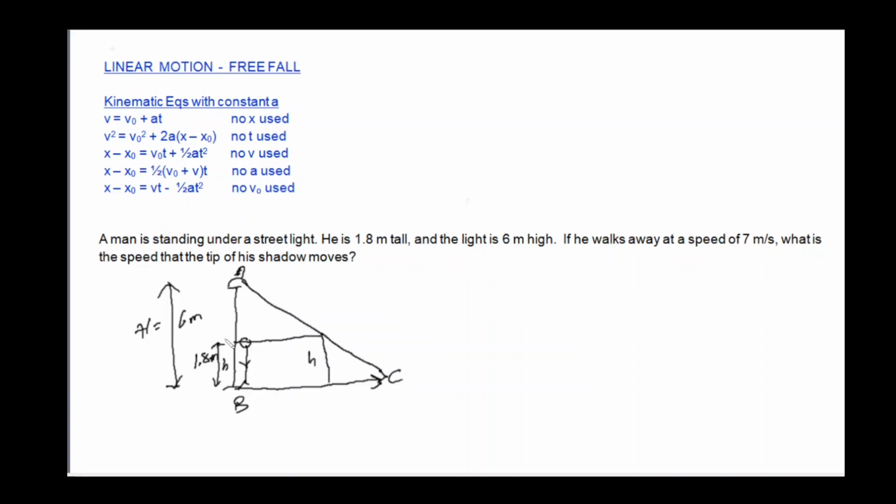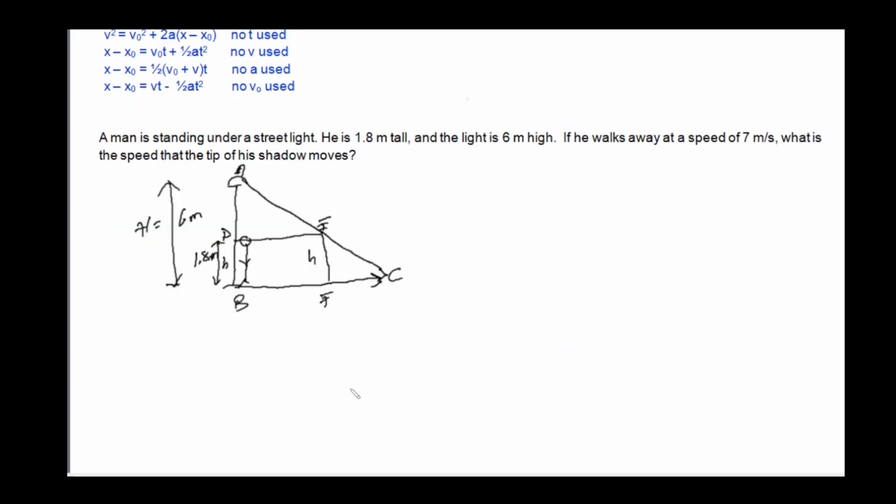And we can label these points D, E, and F. Now, as the man walks, he's walking from here to here, and we'll call that the position of the man. And we know that his position is equal to his velocity times time.